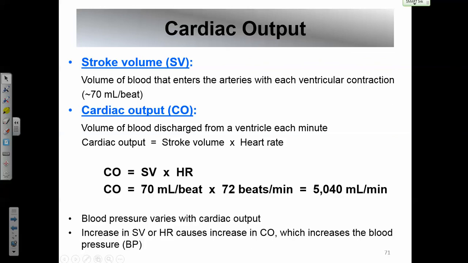And then your heart rate is how many times that happens in a minute, of course. And then your cardiac output is both of those combined. And your cardiac output determines how efficient your heart is in getting oxygen and other needed substances to your cells. So this is a measurement that they definitely use in a medical setting, this cardiac output.